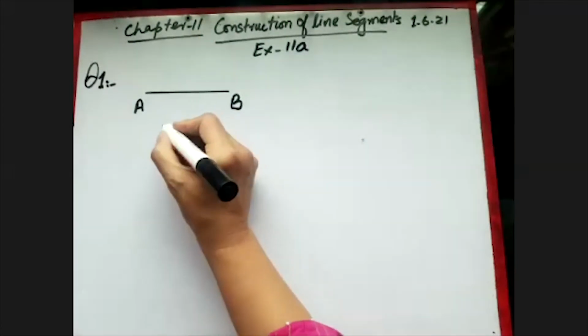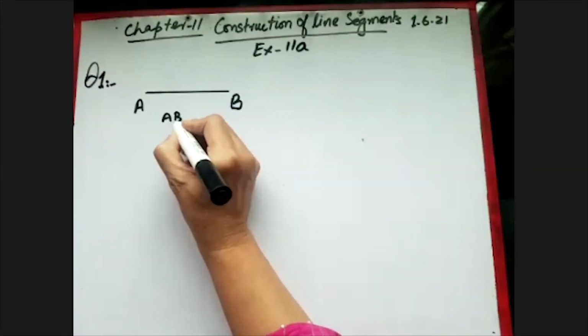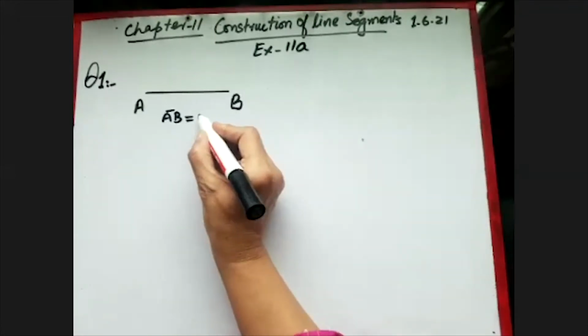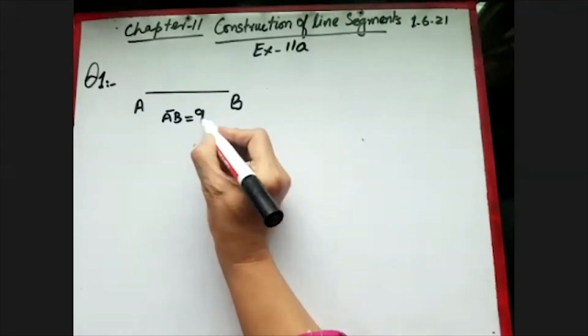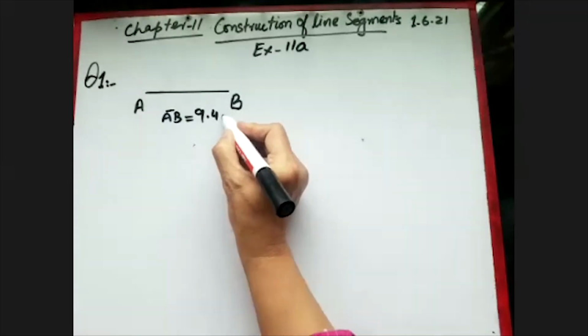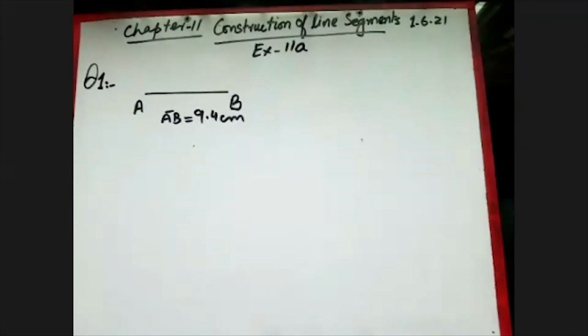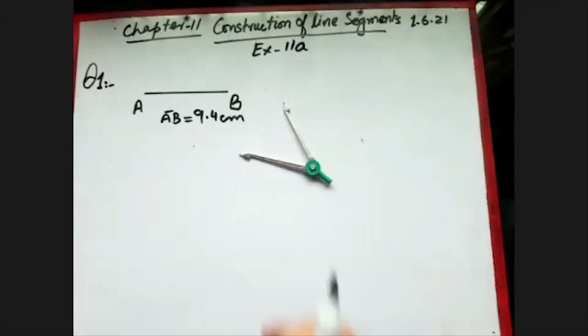So I'll say I got a line AB which I drew with the help of the divider, and the length of the line I measured with the ruler is 9.4 centimeter. Got it? So this is how to draw a line with the help of dividers.